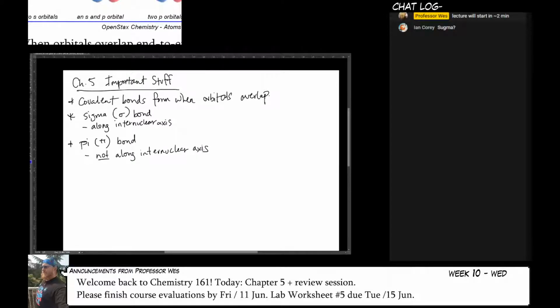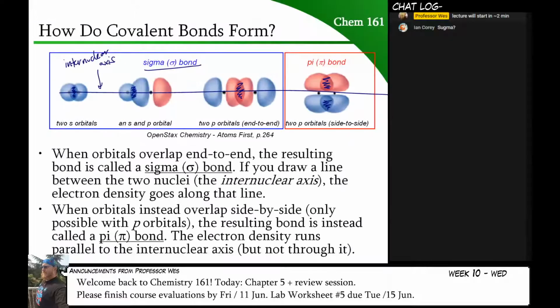So it goes up or down. Not sigma, sigma. There we go.